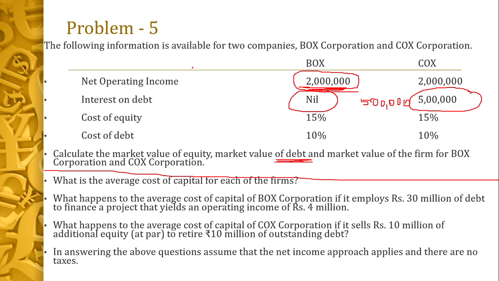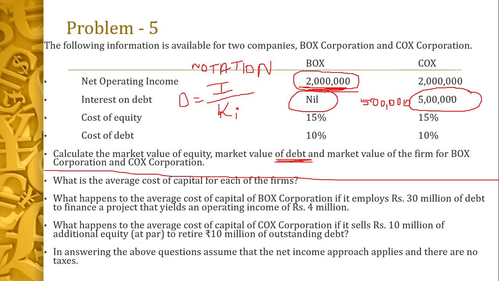The formula has been given in notation, if you have observed. Did anyone bother to see? The total value of debt can be found out by dividing the total value of interest by cost of debt or rate of debt.